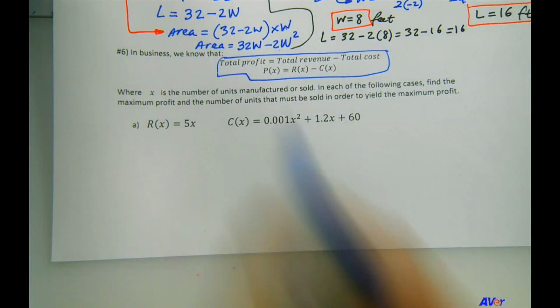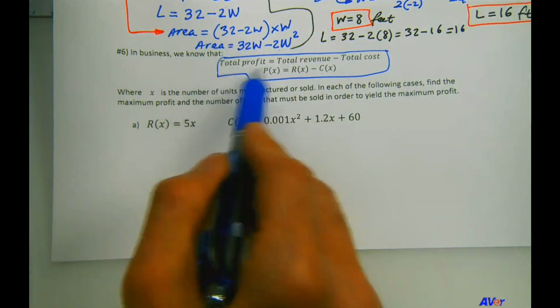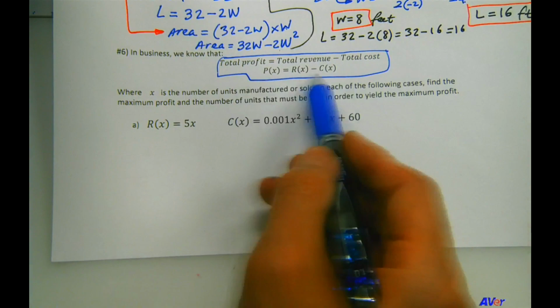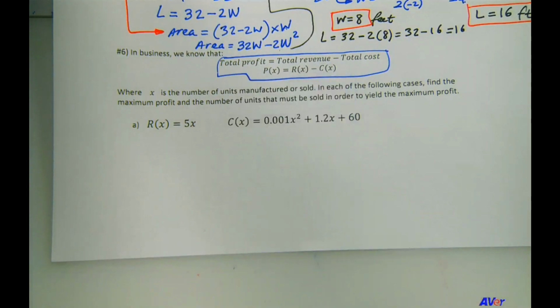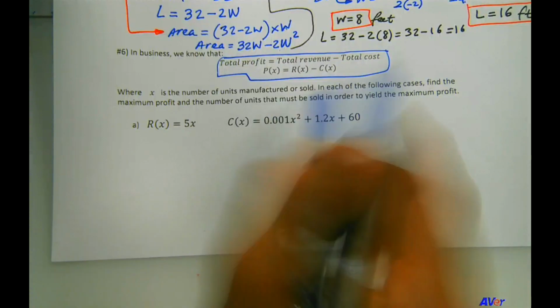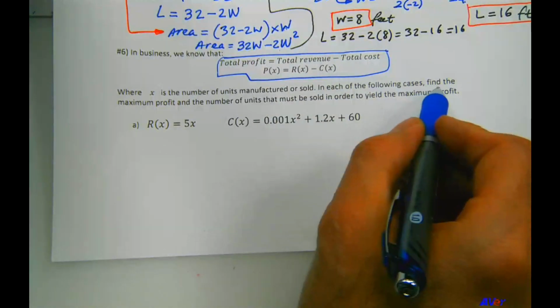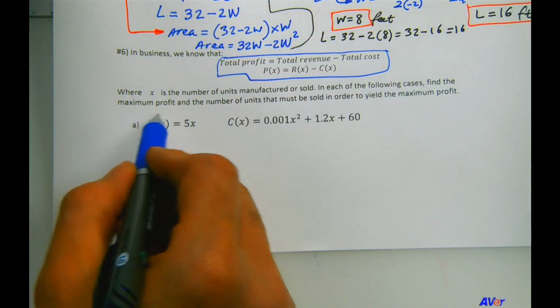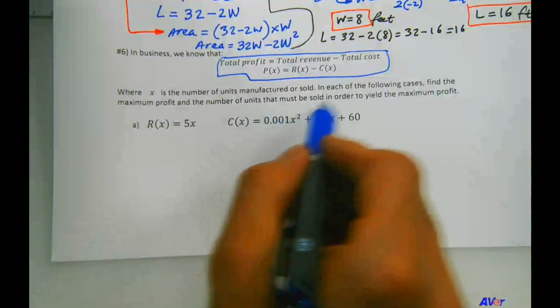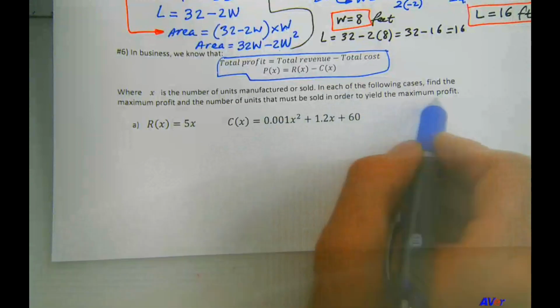Assuming you've done that, it says total profit is equal to total revenue minus total cost, and that is the symbolic version of that same statement, where X is the number of units manufactured or sold. In each of the following cases, find the maximum profit and the number of units that must be sold in order to yield the maximum profit.